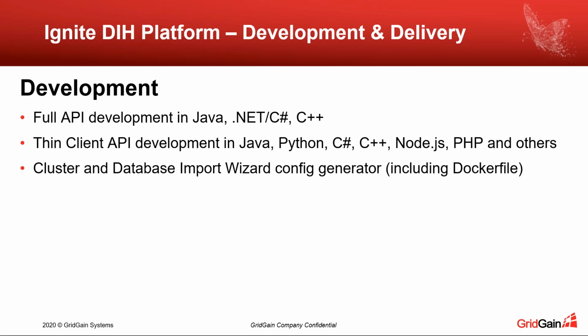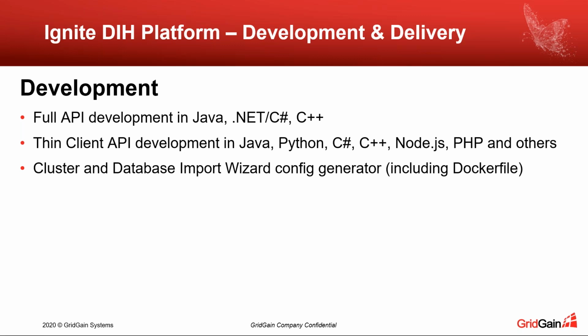Well, with Ignite, development is done in Java, .NET, C#, or C++. Those you can use the entire complement, creating a cluster, nodes, servers, clients, full API in those 3 languages.